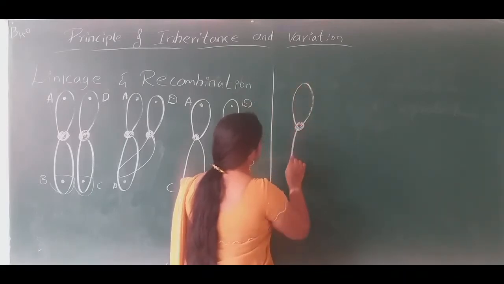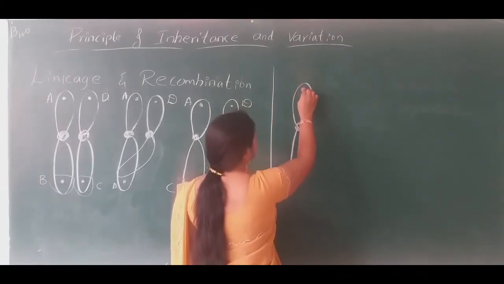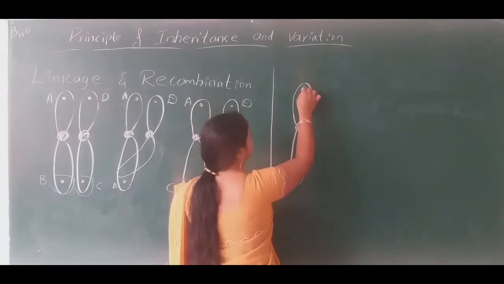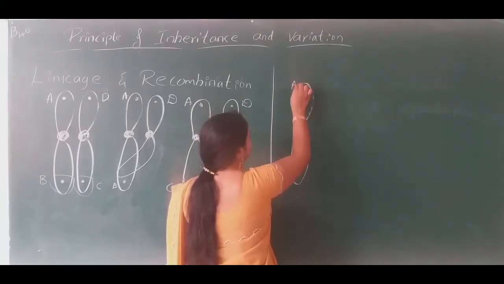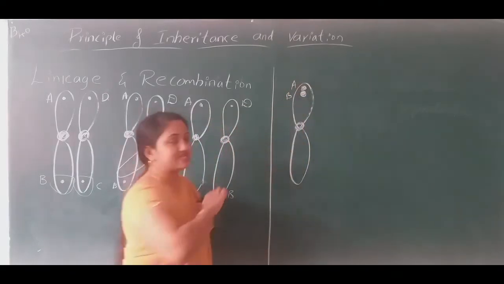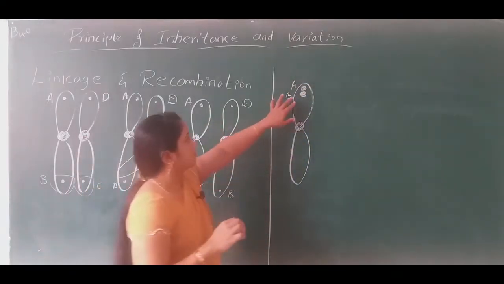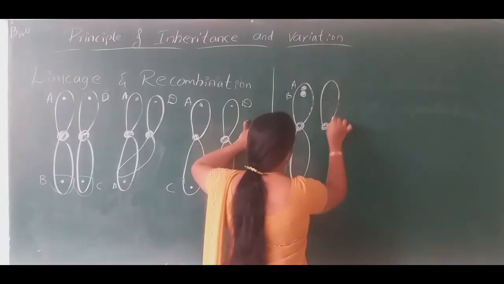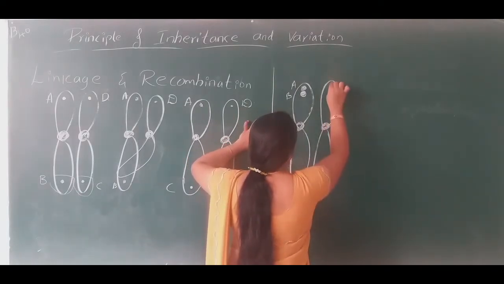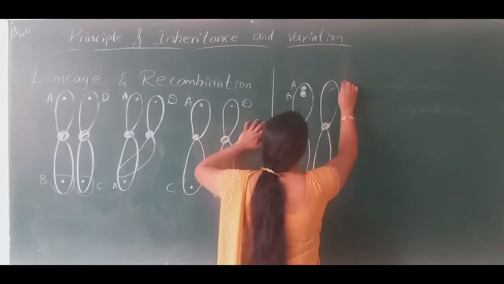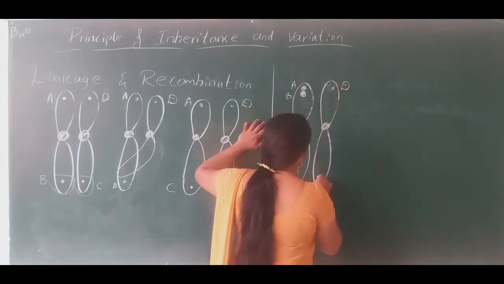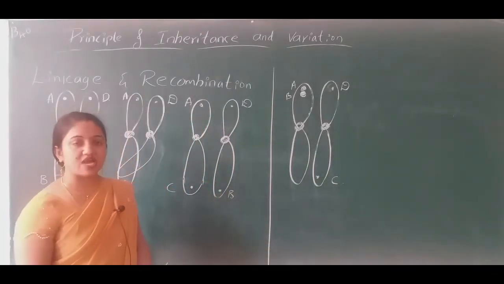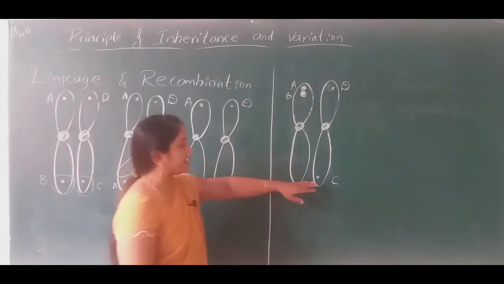Because of this reason, what will happen if the genes are closely packed? One gene I am drawing here, one more gene. Consider these two genes are tightly packed. One more chromosome I should draw here, naming that as D and C. So what you have to draw in the next diagram?